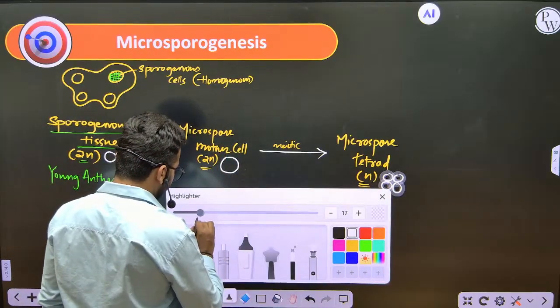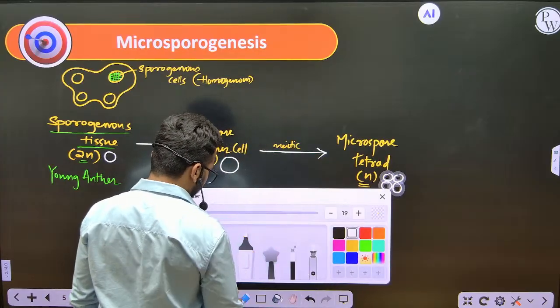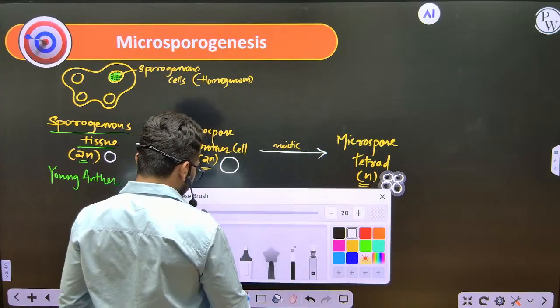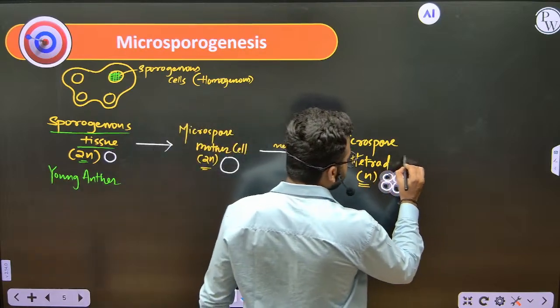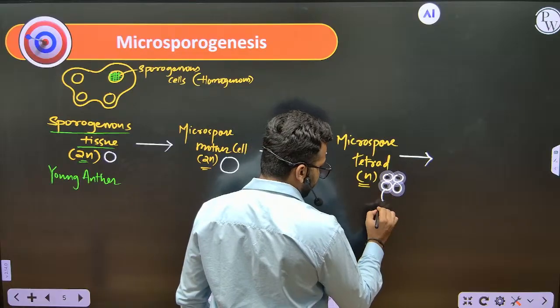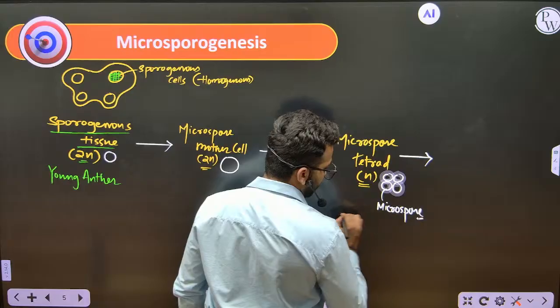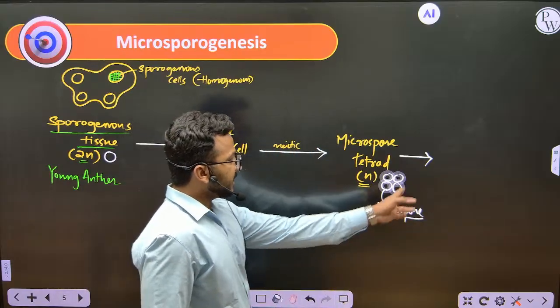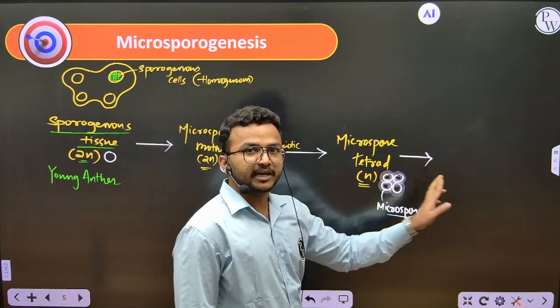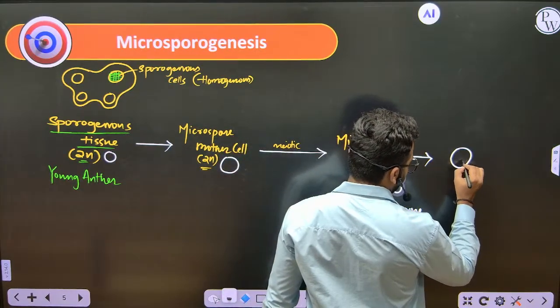Later, after maturation, each one of these is a microspore, and each microspore will turn into a pollen grain.